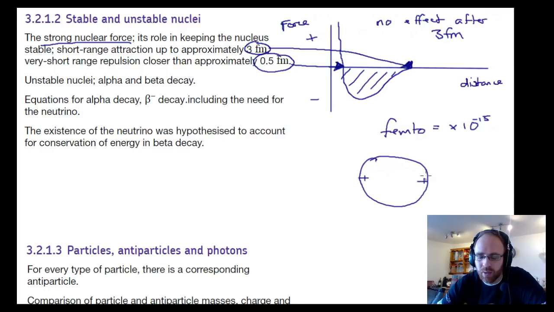But if we have a much greater separation, say something like 10 femtometers, so they're separated by 10 to the minus 14 meters, then the electrostatic force is pushing these away from each other, and the strong nuclear force past 3 femtometers has no effect.